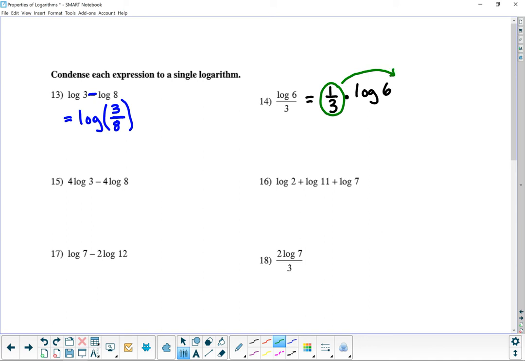So the final answer is going to be log base 10 of 6 to the 1/3 power. If you want, you can leave it like that, that's totally fine. You can also finish off with log base 10 of the cubic root of 6, and that's what the 1/3 power actually means. You can write it either way, and you can write parentheses around it either way.